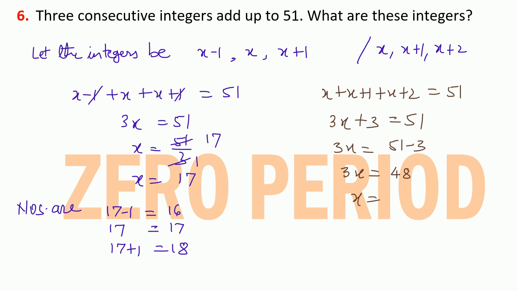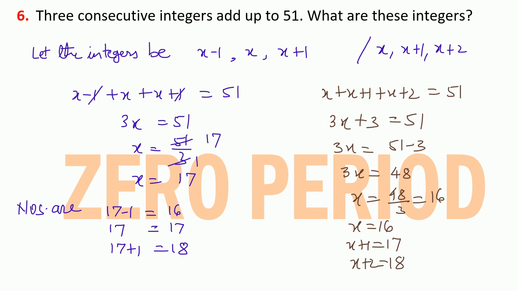So x is equal to 48 upon 3. It is 16. Here you got x is 16. So the first number is 16. Second, it is x plus 1, it means 17. And third, it is x plus 2, it means 18.